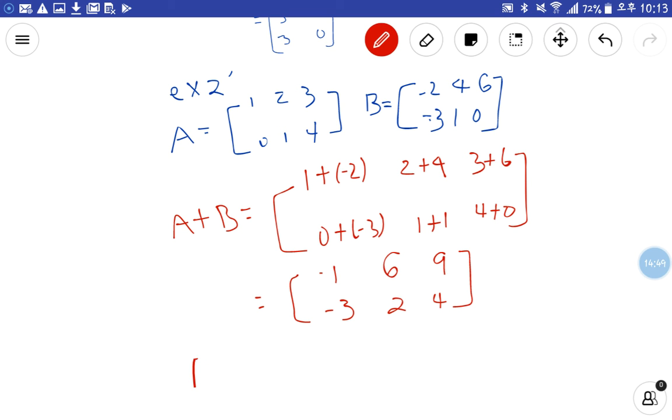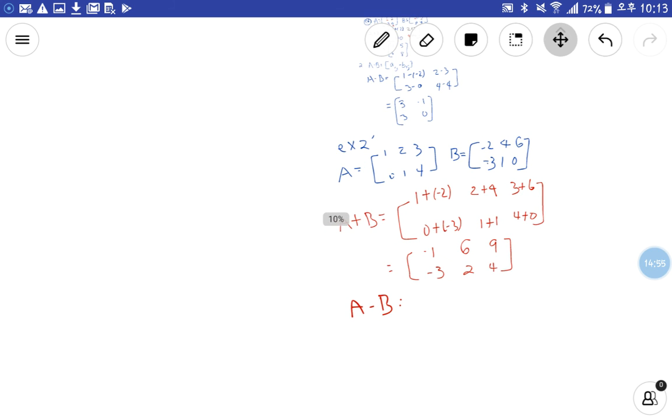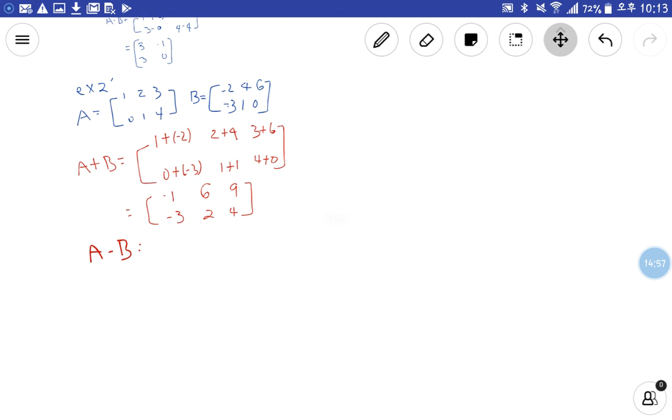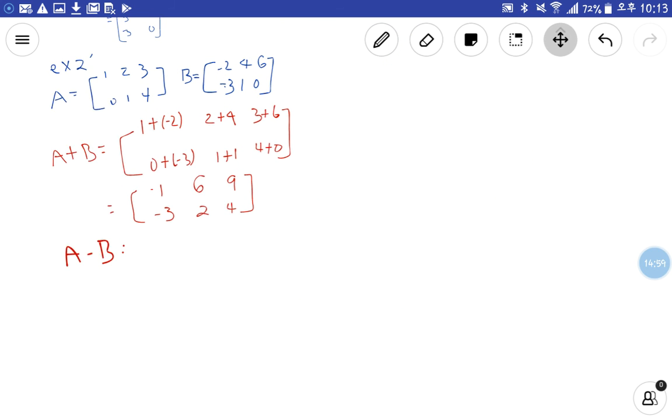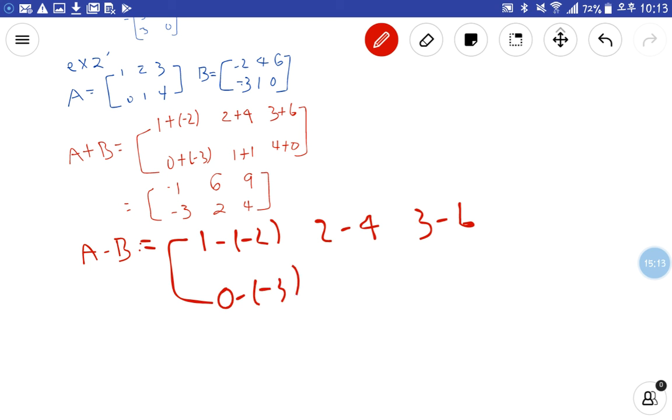Okay. Now A minus B. Make sure you don't confuse the signs. So A minus B, what numbers do I have? 1 minus negative 2, 2 minus 4, 3 minus 6, 0 minus negative 3, 1 minus 1, 4 minus 0.